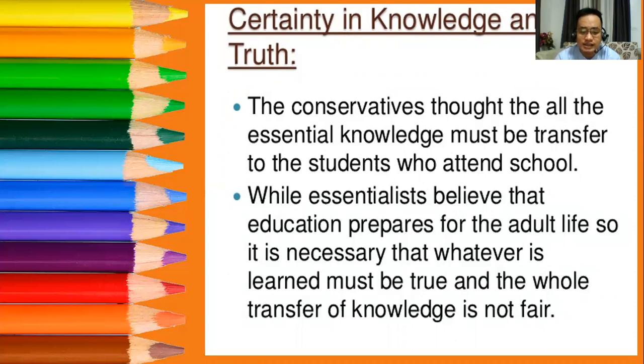The essentialists believe that basic concepts should be taught using effective methodologies to the students attending school, as this prepares them to become holistic adults. Thus, essentialists adhere to concepts which are proven true.